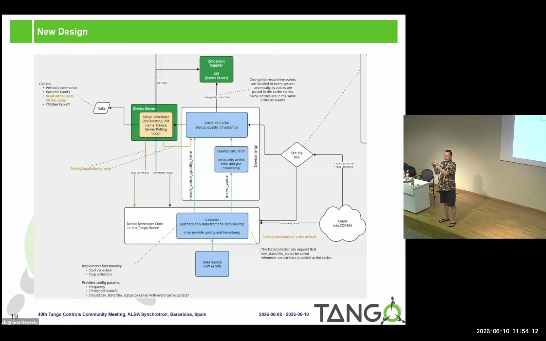So whenever a read attribute call is performed, we will read from the cache and not directly from the device, because the separation of concerns is that the collector is talking to the device or to the hardware and nothing else, ever. That's the new model we came up with. And I can sense 15 million questions and 200 million discussions coming up. Let's take that to the roadmap.